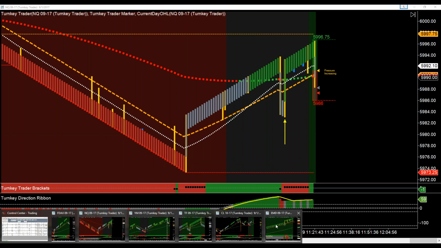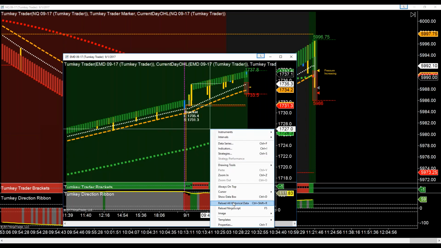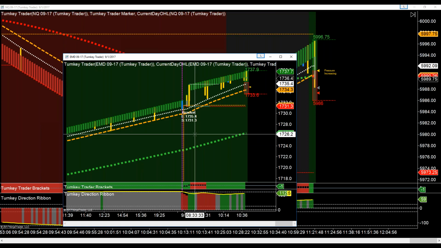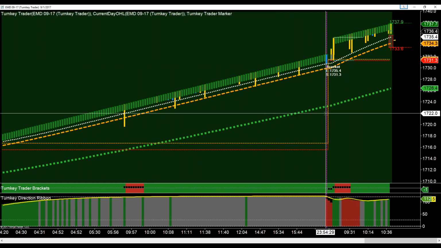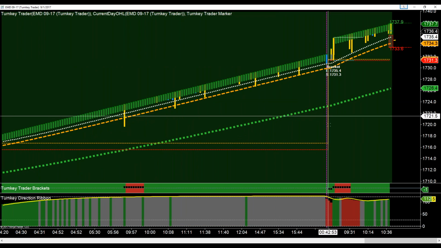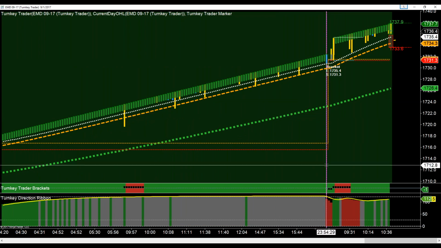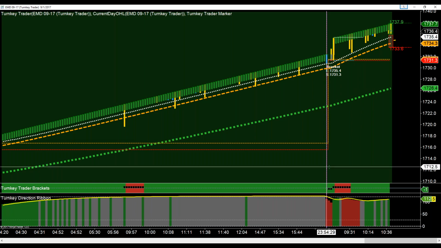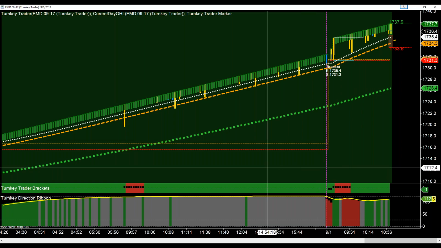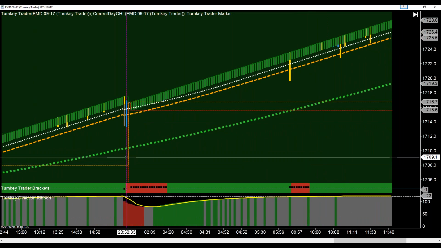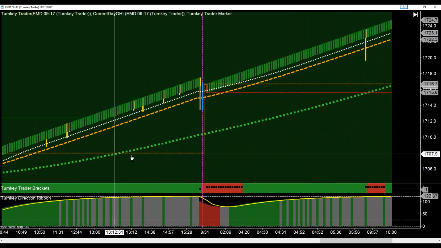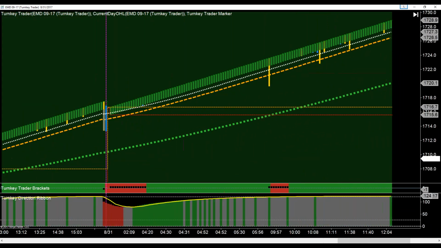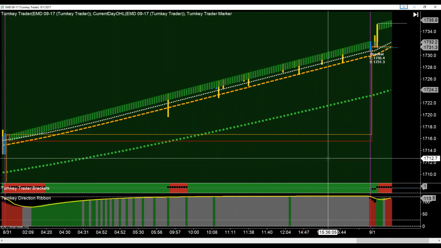Hmm. That looks like the overnight to me, which is, I'm not sure why it's purple, but yeah, that looks like the overnight reset. So that's all that is.